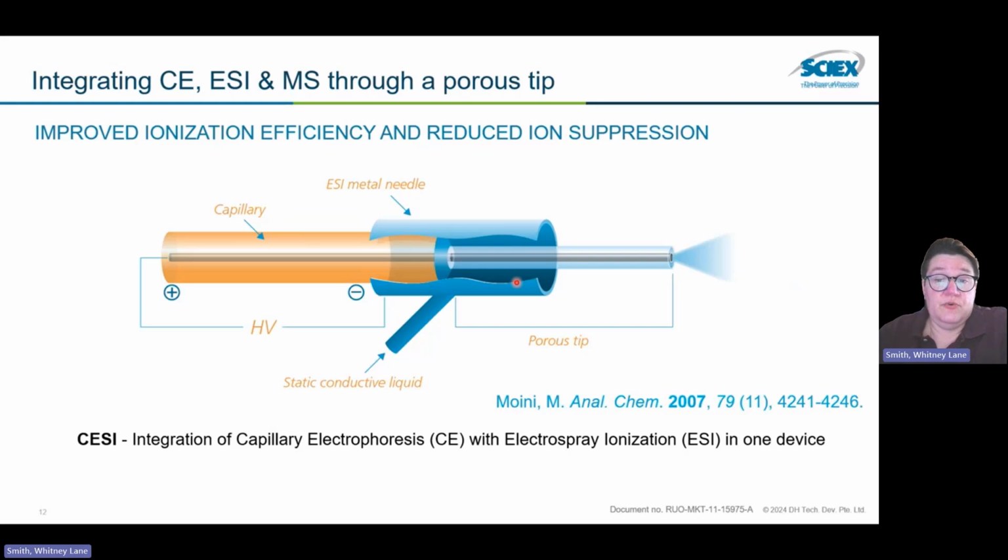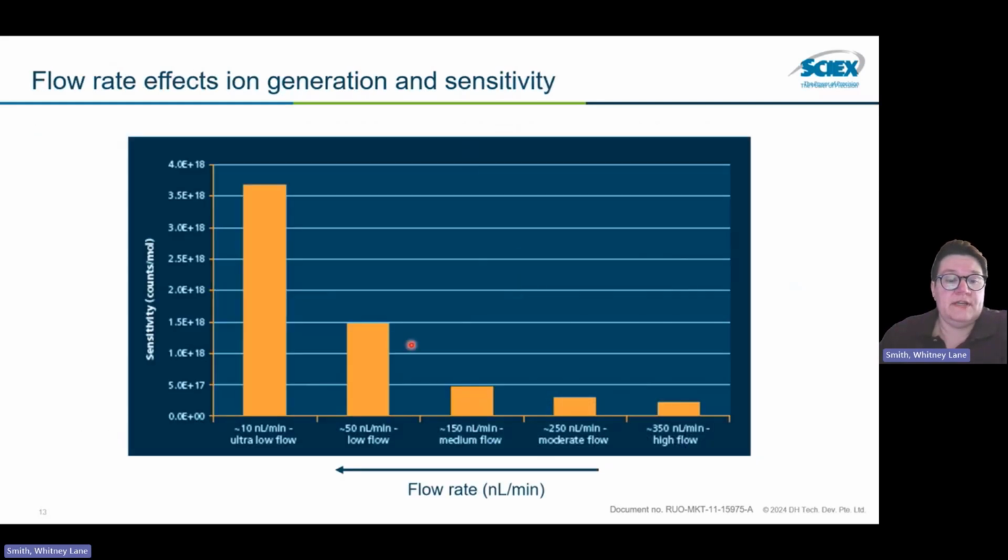We also have lower flow rates, which increases the sensitivity. Here you can see we're down in the 50 to 150 nanoliter per minute range. We're in a nano flow situation. So the lower the flow rate, the higher the sensitivity, because you don't have effects from buffer.